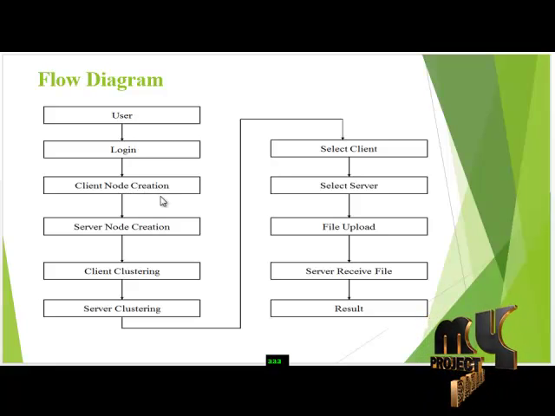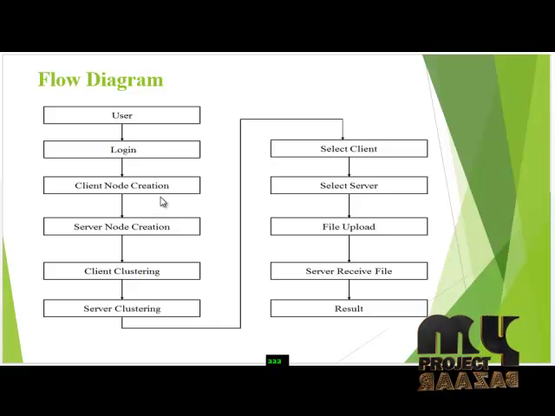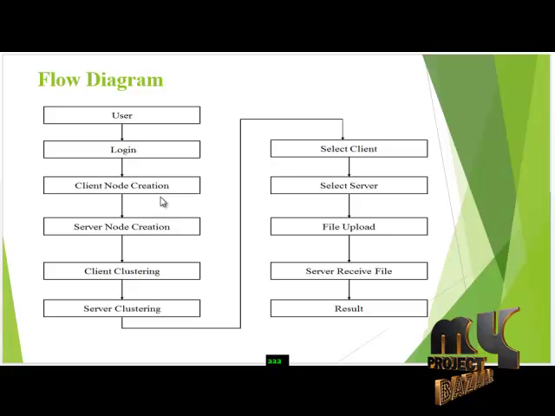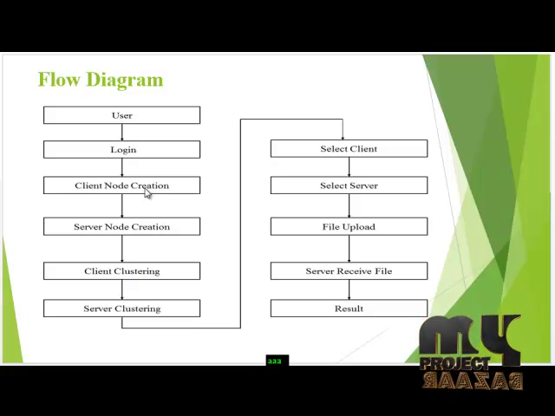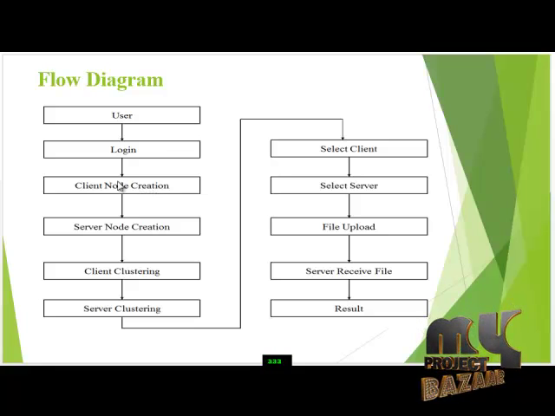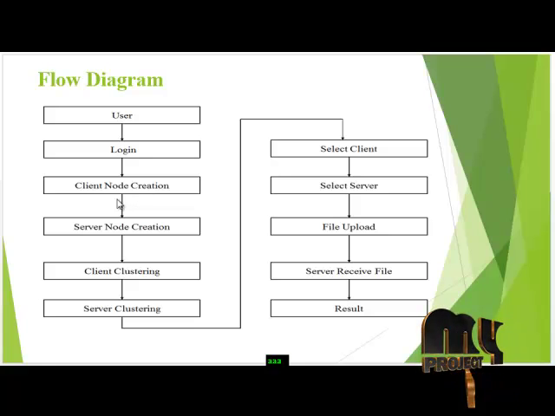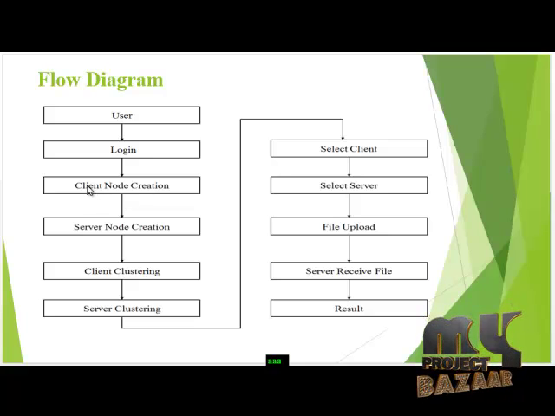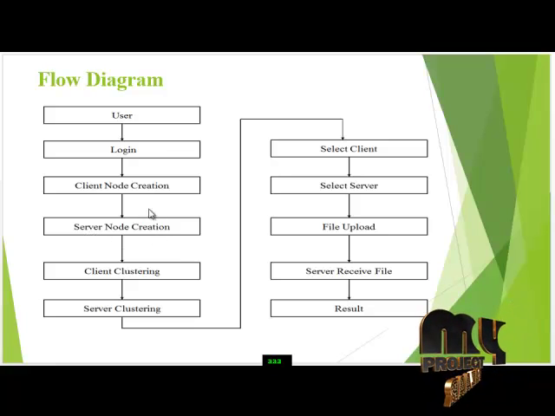Node creation is an open source, cross-platform, high performance JavaScript runtime environment for developing a diverse variety of tools and applications. Here we create a number of nodes as the user selects. Node creation is separated into two items: one is client node creation and the other is server node creation.